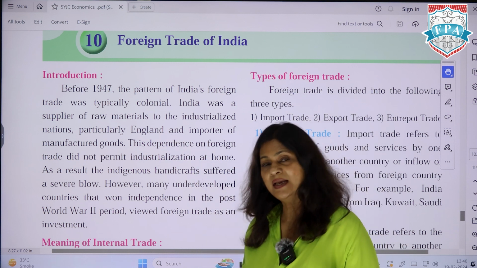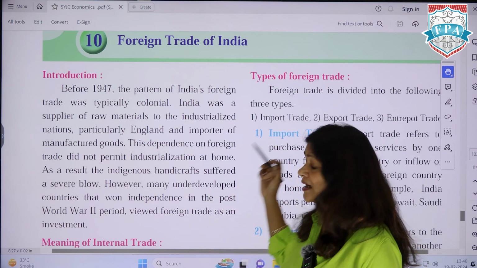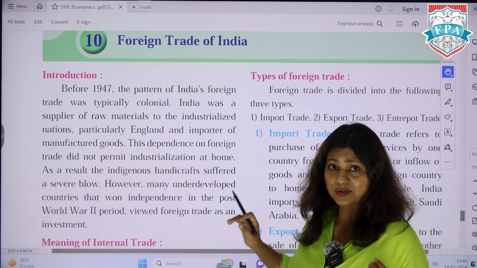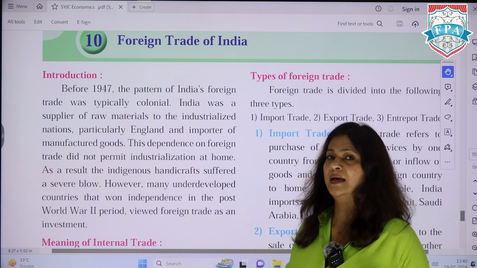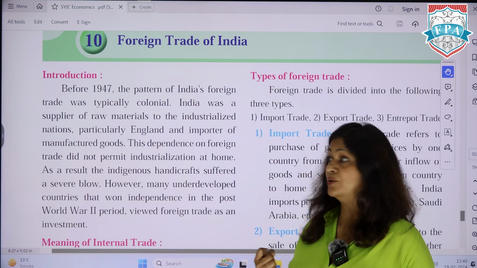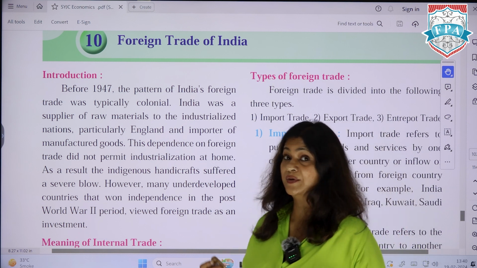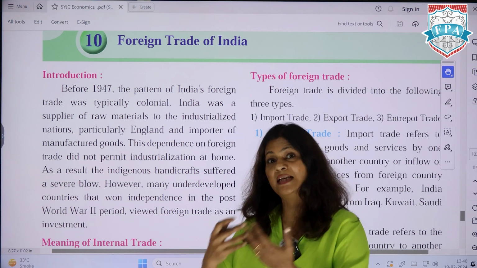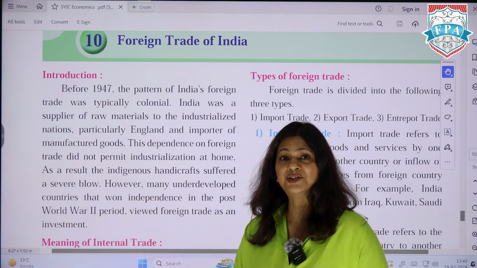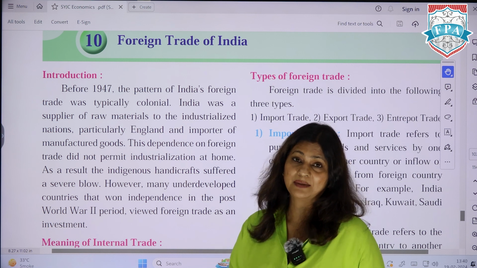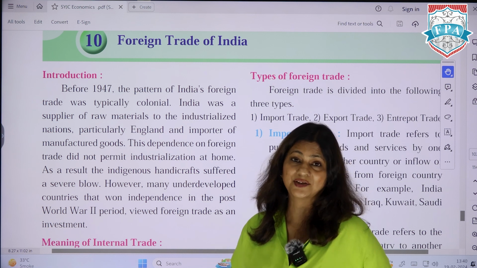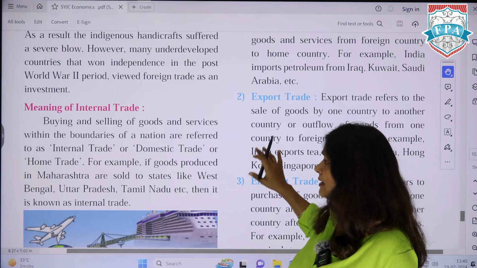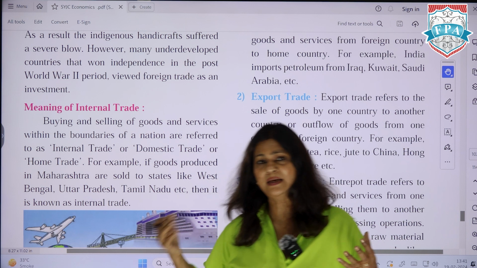We were suppliers of raw material to the industrialized nations, especially England. इससे नुकसान था क्योंकि हमारी कंट्री के जो मैन्युफैक्चरर्स थे, as all of us know, indigenous handicrafts used to really suffer because we were selling the raw material to the nations which were more using machines and all to manufacture.